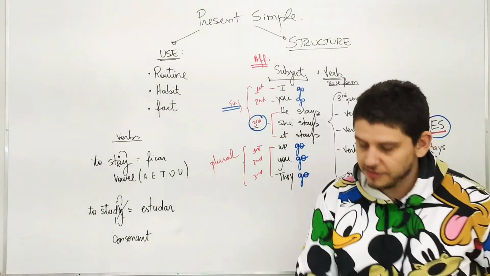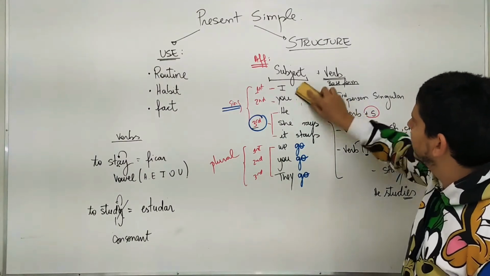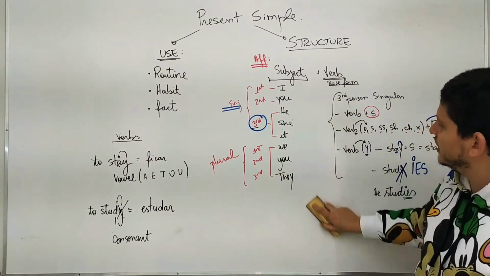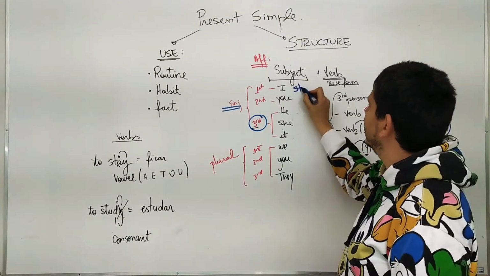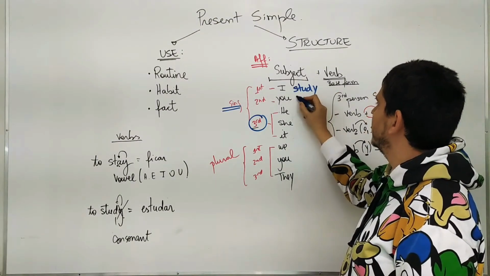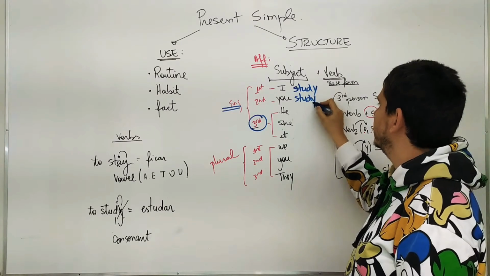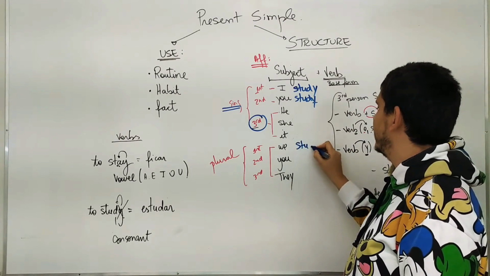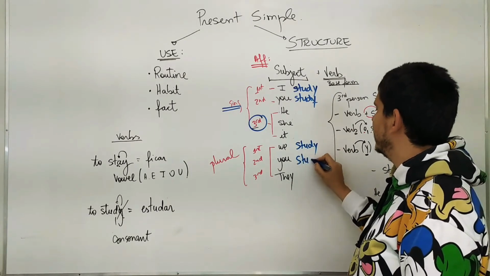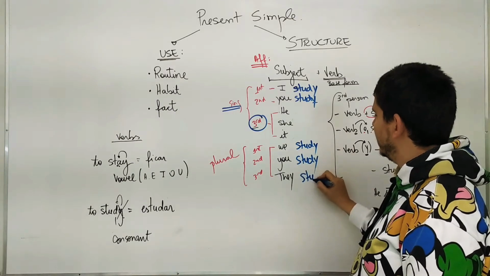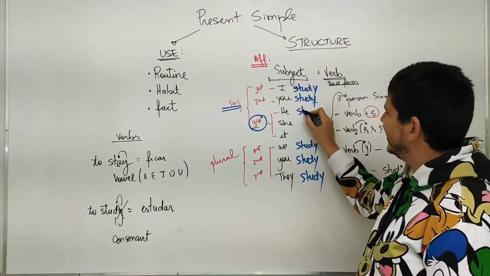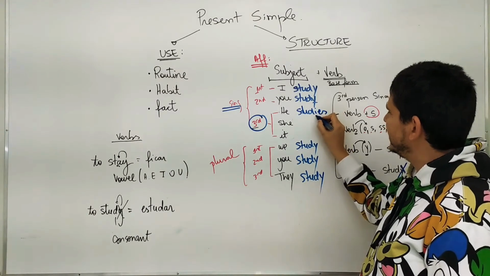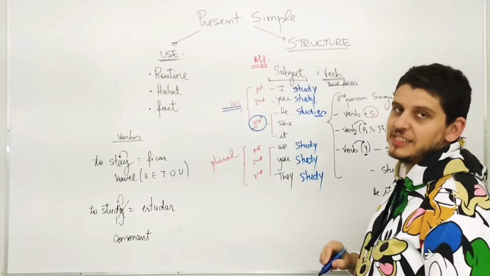Okay, let's use the verb study here. And I'll use it for all the persons in the discourse. I study, it's normal. You study, normal. We study, you study, they study, doesn't change. But for he, she, and it, studies, IES at the end.